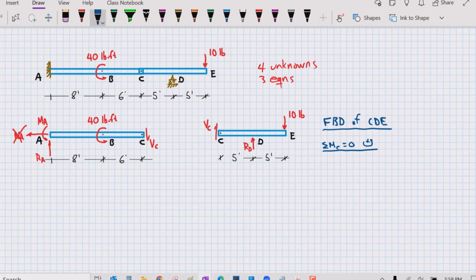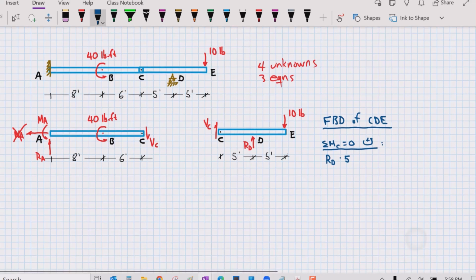So that will be RD times 5 minus 10 times 10 equals to 0, right?